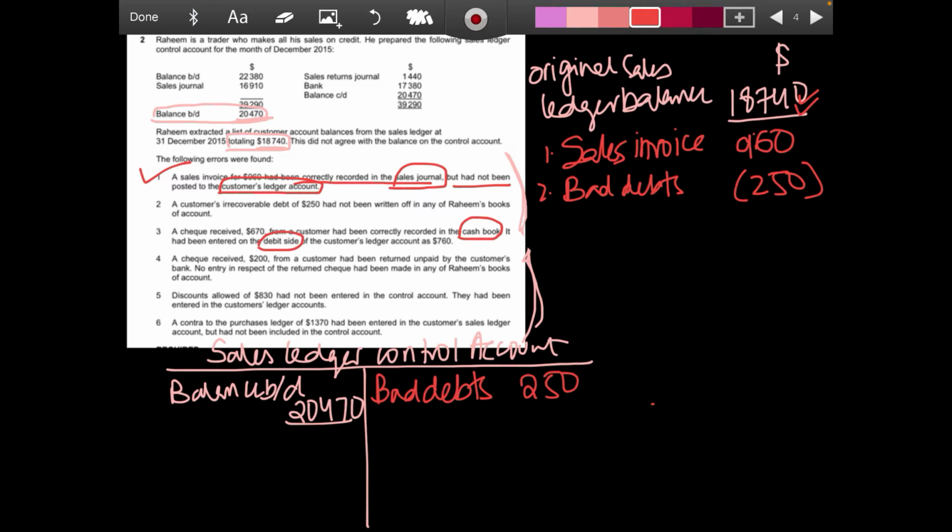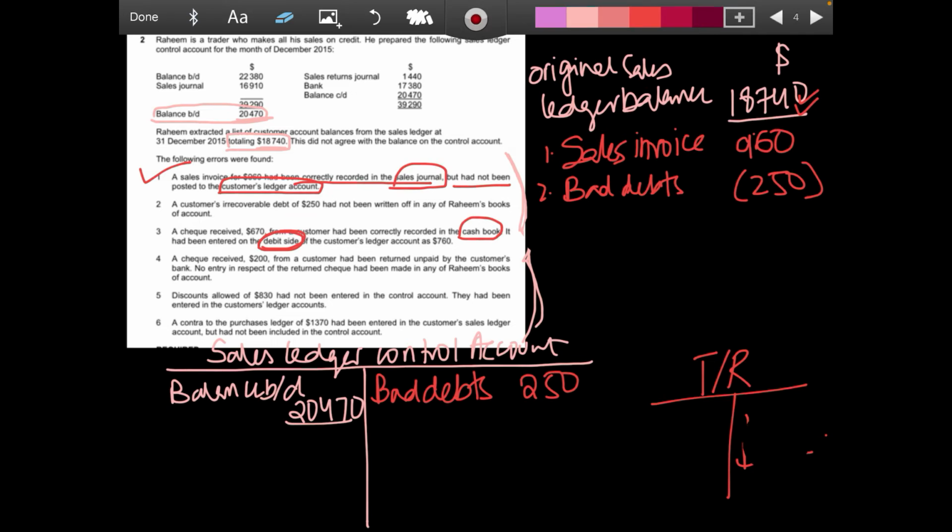As we all know, in the trade receivables account, if we receive cash or a cheque from our customer, it is mentioned on the credit side and not the debit side. So to nullify the effect recorded on the debit side, we have to mention it on the credit side as well.